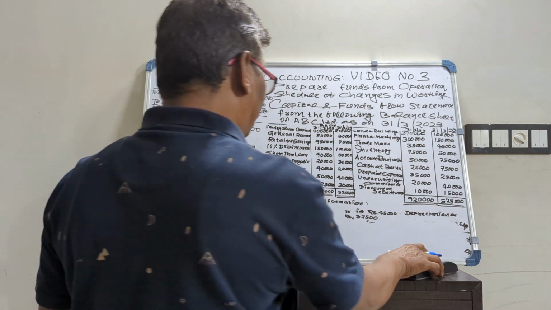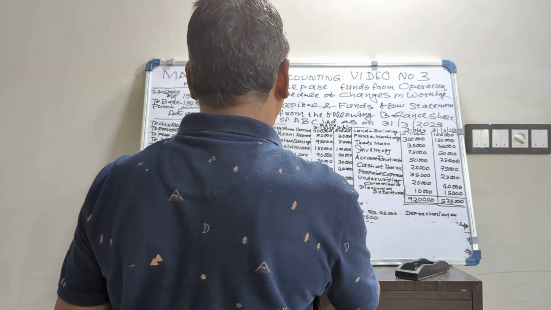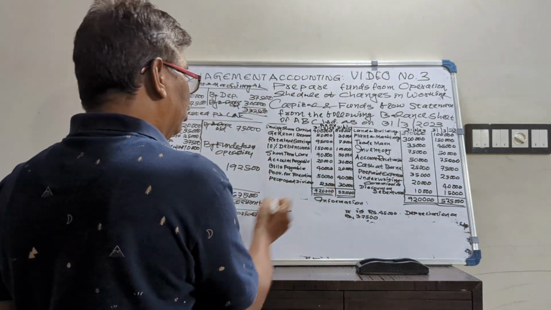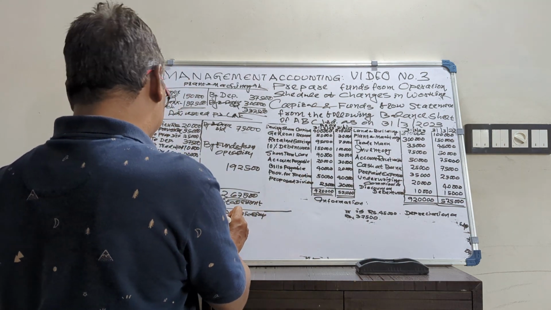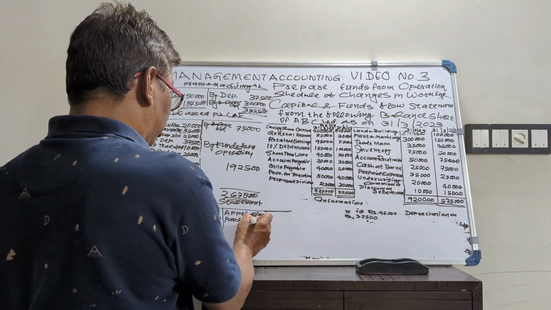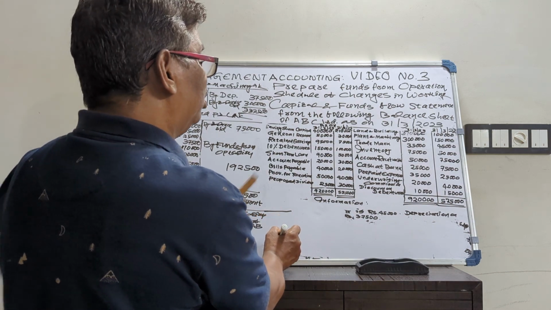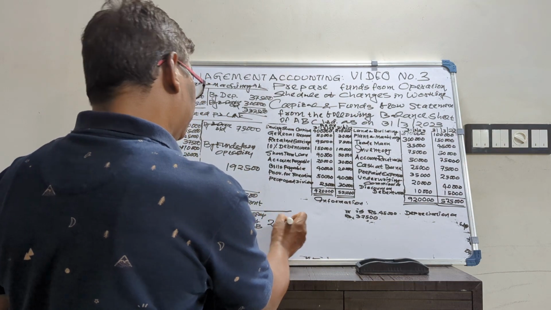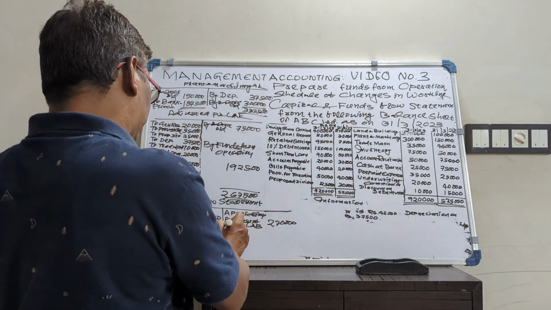So we have to prepare net changes in working capital by schedule of changes in working capital. So here we will complete first. Then land and building purchase of land and building. It is to the extent of 2,70,000. Then plant and machinery given 1,87,500.